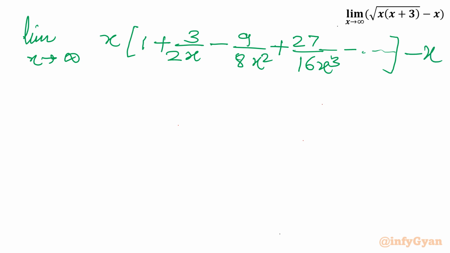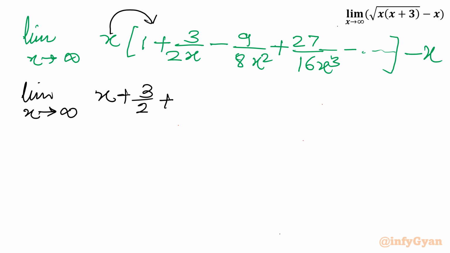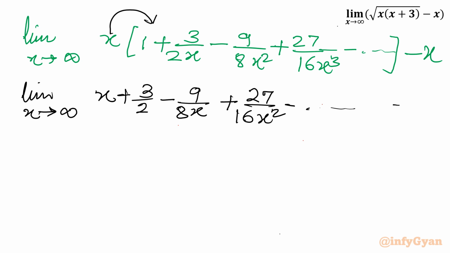Now you can see, if I multiply with x, what will happen? Limit x tending to infinity, multiply with this x. So I will write x plus 3 by 2 minus 9 over 8x, no, it was a minus sign. And the third term will become plus sign, 27 over 16 x square, and so on. And after that, at last we are having minus x.